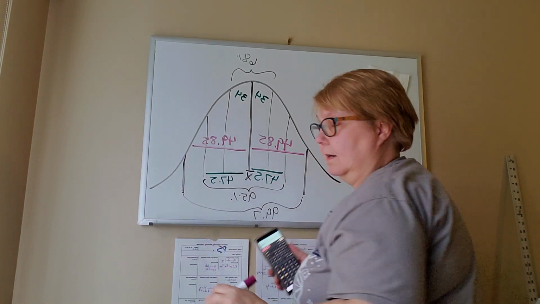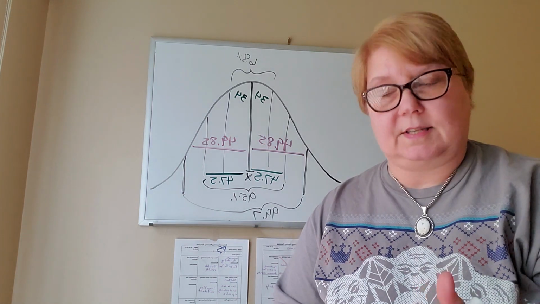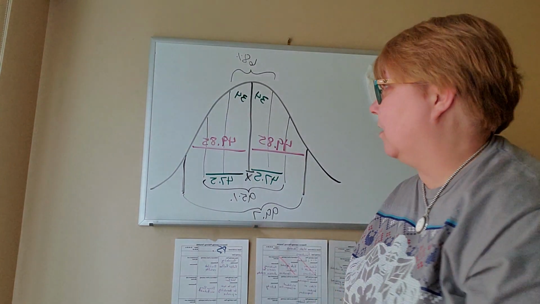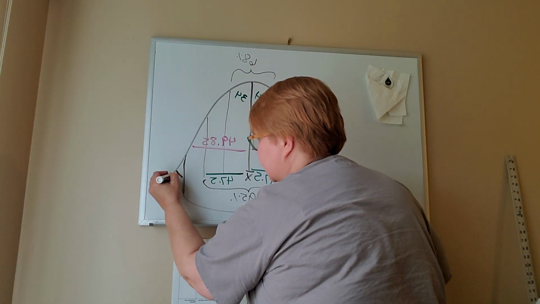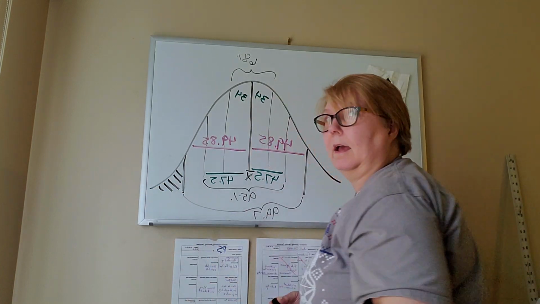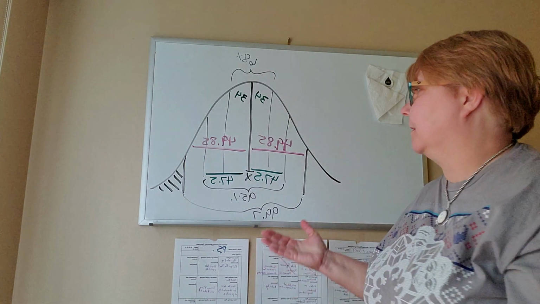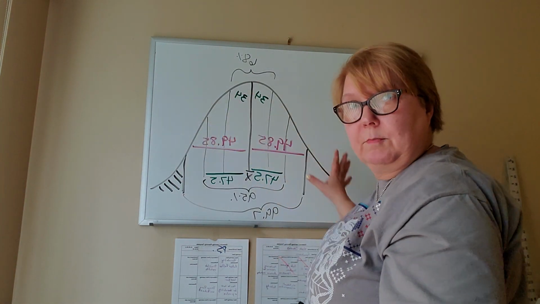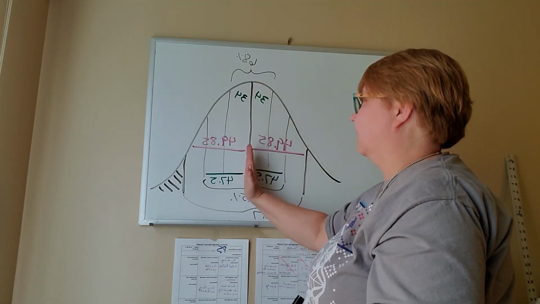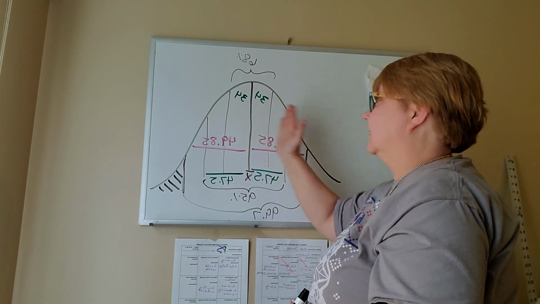Now, you will get questions that ask how do I know what's in this tail, above 3 standard deviations. Well, the whole curve is 100%. If I start from here over, that's 50%.